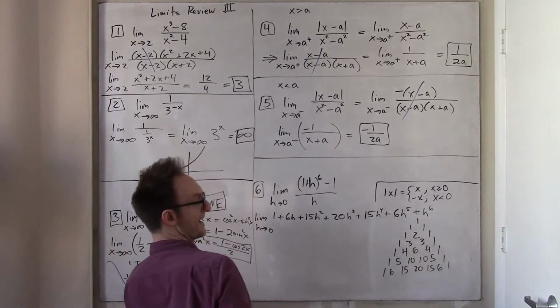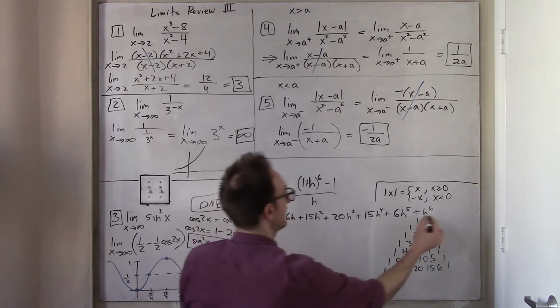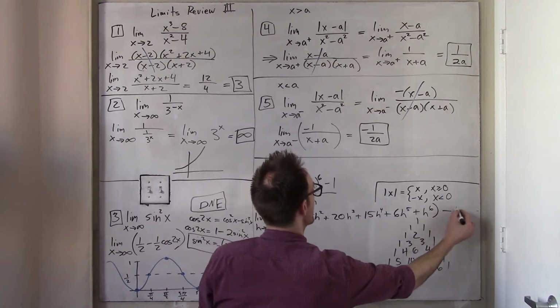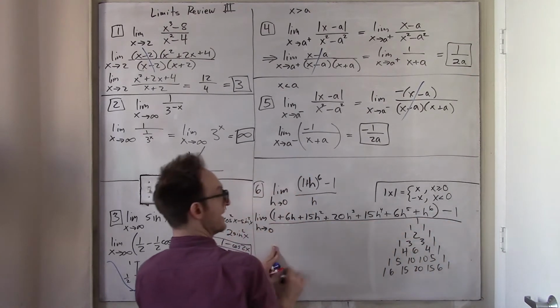I think I did that correctly. So all of that in parentheses, and then minus 1. And all of that is over h.